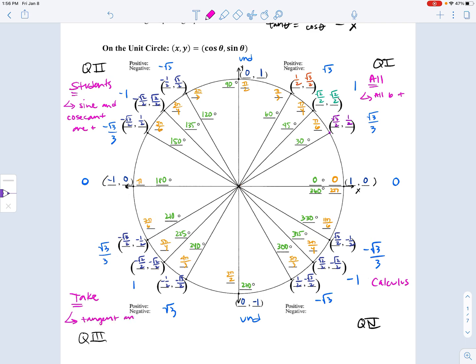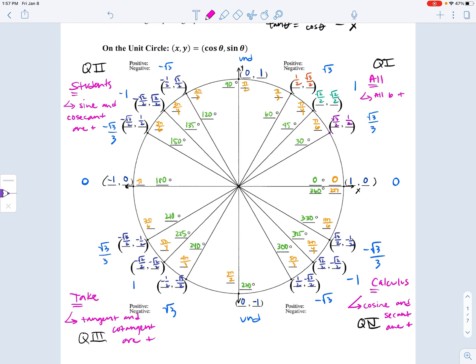The T in take means tangent and cotangent, its reciprocal, are positive, and the rest are negative. And the C in calculus means that cosine and its reciprocal trig function secant are positive, and the rest are negative.